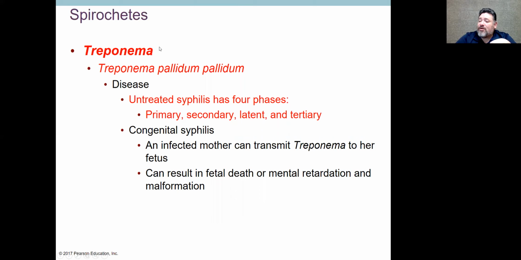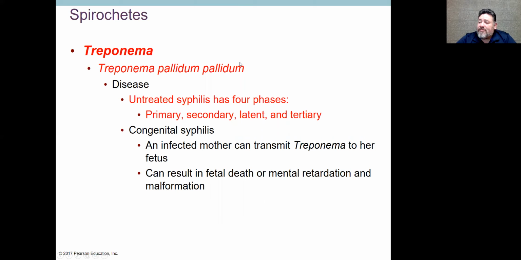It's important to know that syphilis, or Treponema pallidum pallidum, has 4 phases: primary, secondary, latent, and tertiary. The primary phase of syphilis is what's called a canker, and this is an example of that.